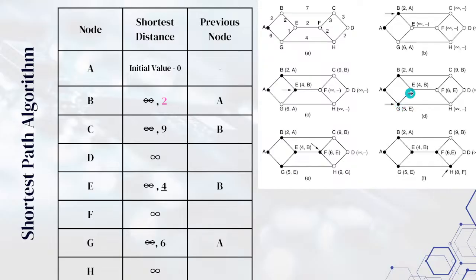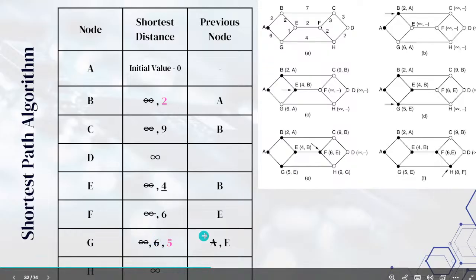When it comes to E to G, the value of E is 4, and to reach G from E it takes 1 cost. So 4 plus 1 is 5. Initially it was 6, with A as the previous node.